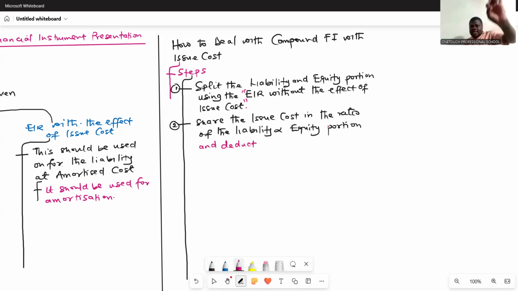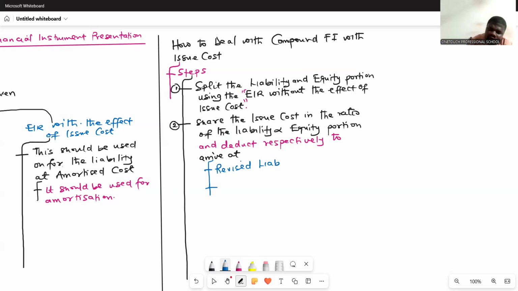So you deduct each of the issue costs from the liability and the equity portion, to arrive at the revised liability portion and the revised equity portion.